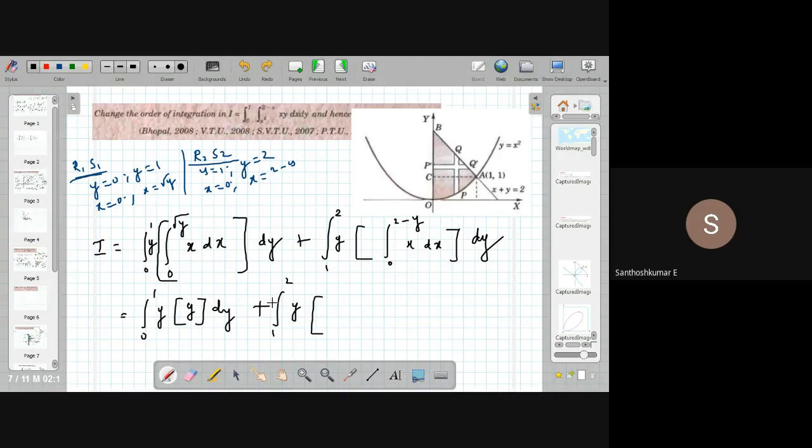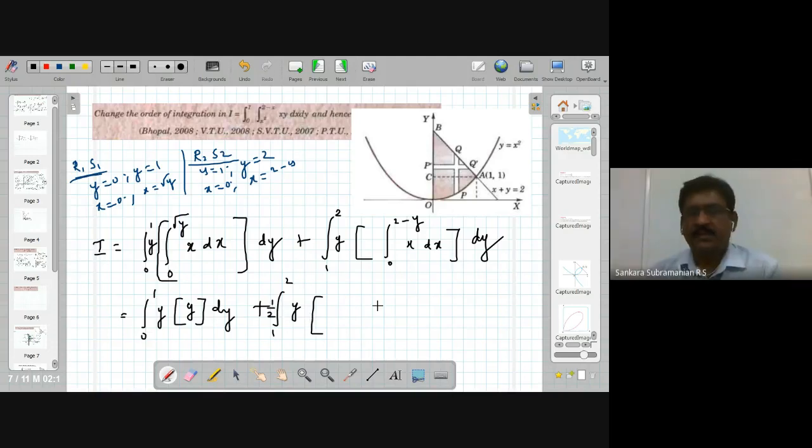A minus b whole square formula வந்துருங்க. 1 by 2 வெளியில எடுத்துடலாம். x square க்கு பதிலா வந்து 2 minus y the whole square, upper limit minus lower limit 0. So ஒரு ஸ்டெப்லாம் கட் பண்ணி போட்டுட்டு இருக்கேன் dy. Yeah, of course you have to use a minus b the whole square formula, it will help you.